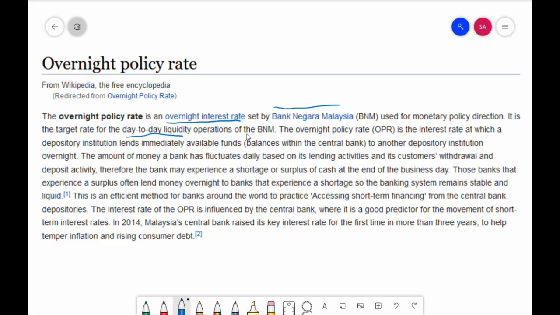So it's the interest rate at which a depository institution lends immediately available funds to another depository institution. So it's a benchmark for short-term lending. In this case, it's overnight lending, and of course, it's an interest rate. There's no doubt it's an interest rate. This is part of its definition. It's not a matter for discussion. It's not a matter of opinion. It just is an interest rate.